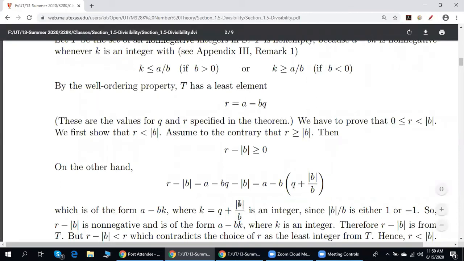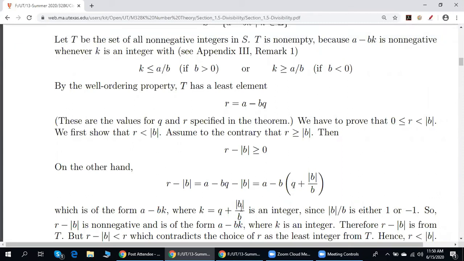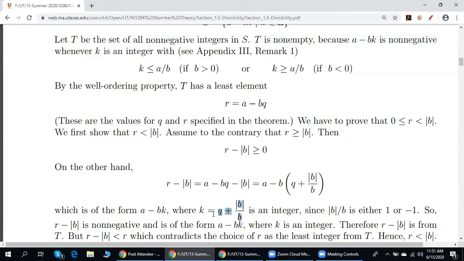Indeed, if B is positive, suppose B is 5. Absolute value of 5 divided by 5 is 1. Now, suppose B is negative, say -7. Absolute value of -7 is +7, divided by -7 is -1. So, this is an integer, this is an integer, plus minus 1. Therefore, the whole thing is an integer. So, K is an integer number.